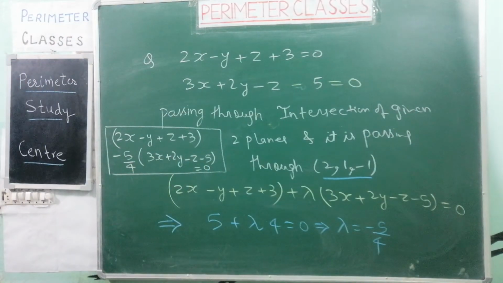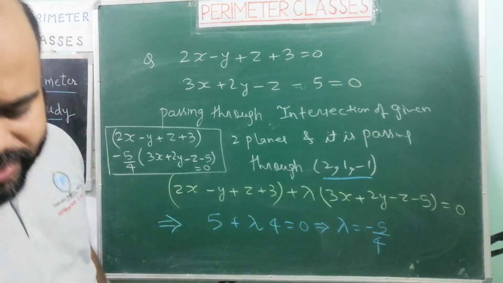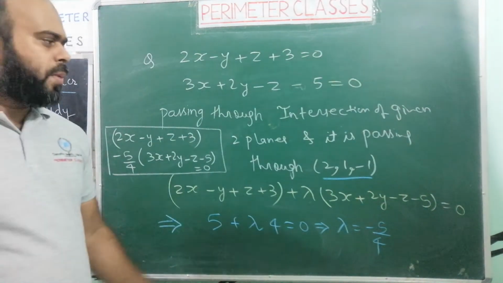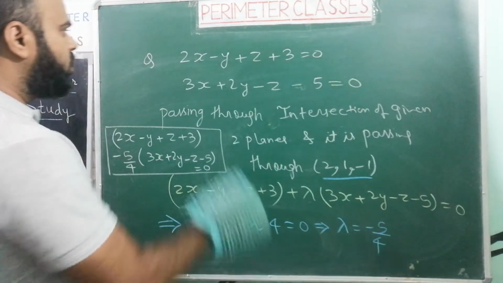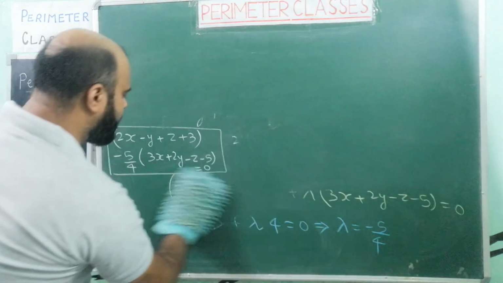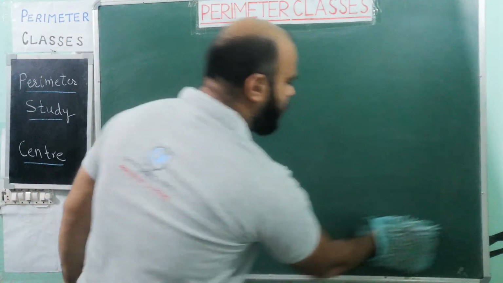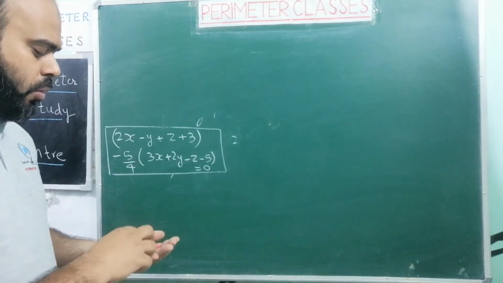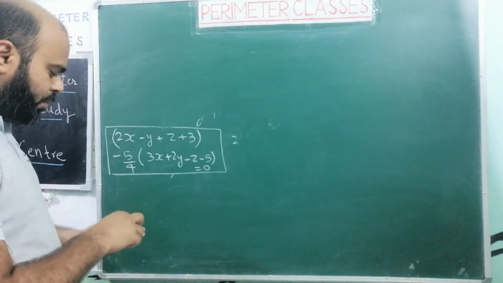This is how you can identify that particular plane which is passing through the intersection of these two planes, and it is also passing through this point. This point is given extra in order to decide the exact value of lambda, and we want a particular plane. We don't want the whole family here. From that family we want a particular plane.